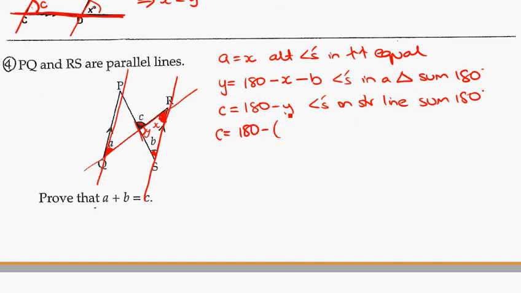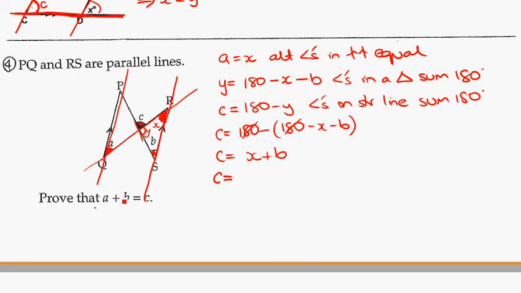So instead of writing a y, I can put in 180 minus x minus b, because y is the same as that expression. And once again, similar to before, 180 minus 180 will cancel out. Now that negative 1 in there times negative x will be a positive x. That negative 1 expanded into the negative b, two negatives change the sign, makes it a plus b.